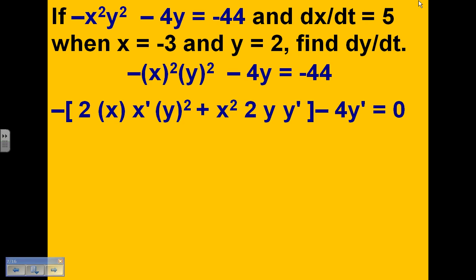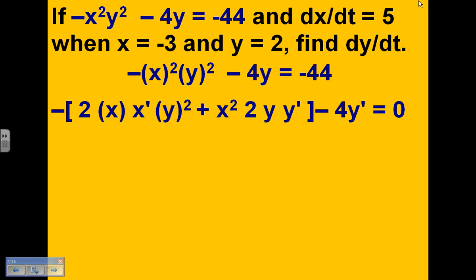Let's see, 2x x prime y squared, plus x squared 2y y prime, minus 4y prime. Yeah, and then I think you're ready for numbers. The product rule looks different because you have that x prime in there now instead of a 1.